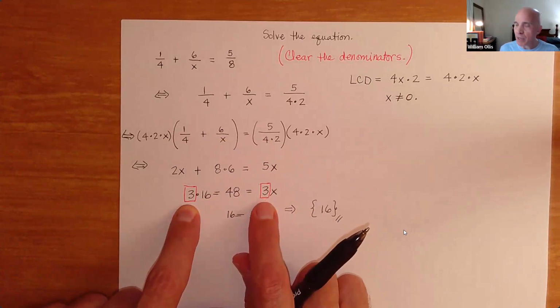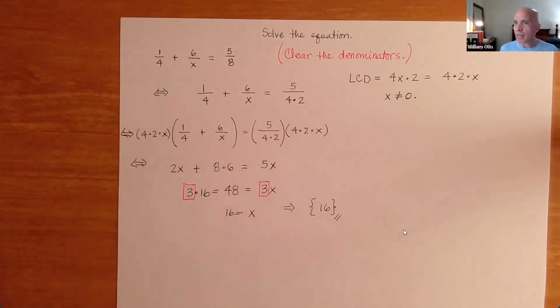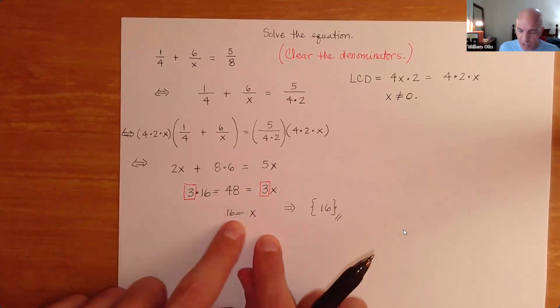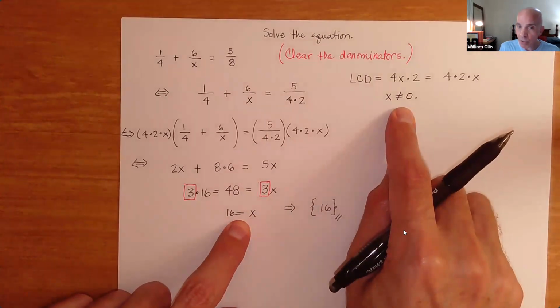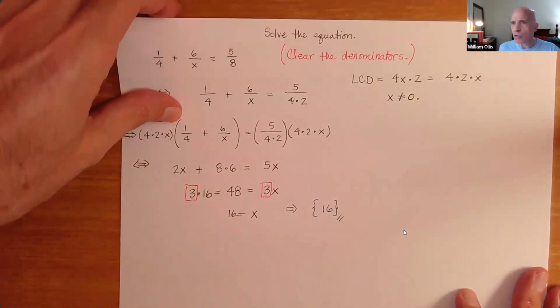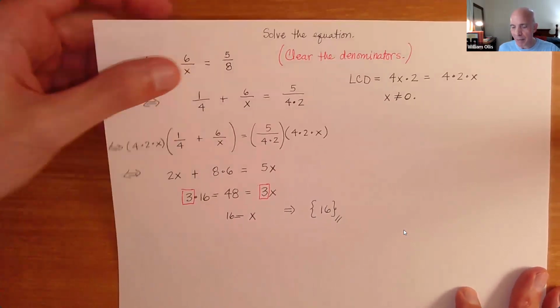But it's always a better technique just to put boxes, okay? Don't use slash lines. I know that's a very popular technique, but it clutters the work and then you can't see anything. You've put a mark through it. So don't use that technique. And now you can see that x equals 16 is legitimate because it's clearly not 0. So the LCD technique is really nice. We'll use this over and over in mathematics. And a very, very worthwhile technique.